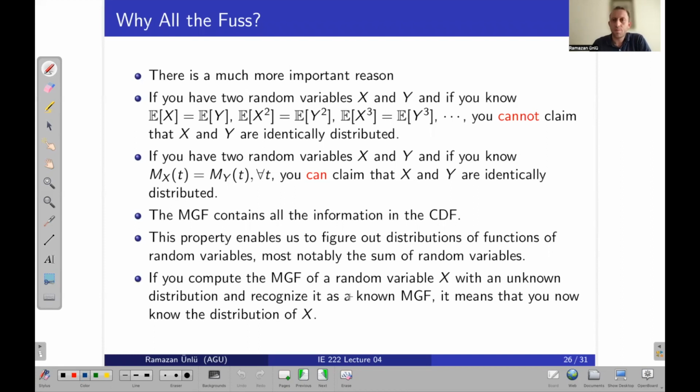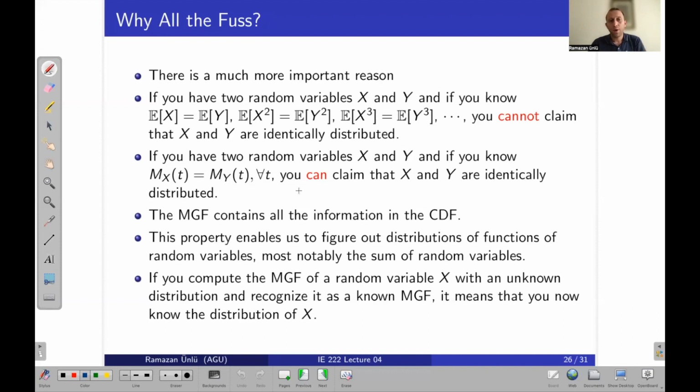If you have two random variables, let's say x and y, and you know that the expected value of x and expected value of y are equal, also the expected value of x squared and expected value of y squared are the same, and the expected values of x cubed, y cubed, everything is the same, still, you cannot claim that x and y are identically distributed. What I mean is, you cannot claim that they are coming from the same distribution, okay?